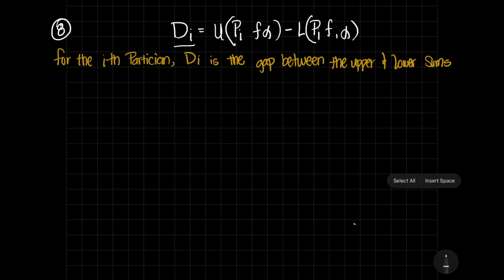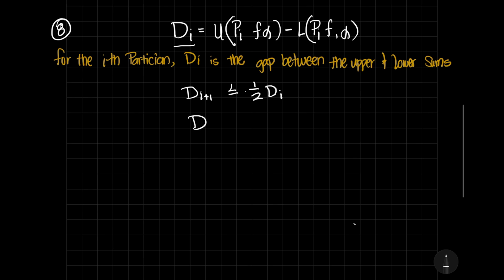All right, this is number 8. The statement is true. By theorem 6.6, a bounded function is Riemann integrable if for every epsilon bigger than 0, there exists a partition whose upper and lower sums differ by less than epsilon. So in this case, let d_i represent the difference between the upper and lower sums for the ith partition. The hypothesis tells us that each successive partition cuts the gap in half.